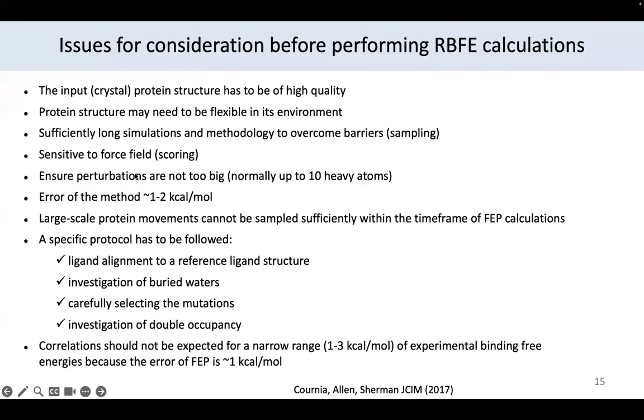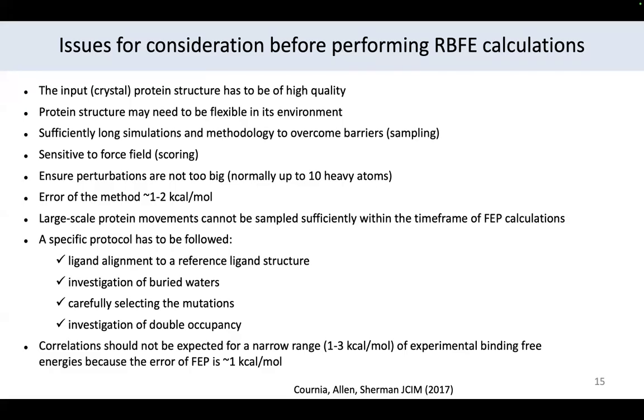We have to ensure that the perturbations are not too big, so normally up to 10 heavy atoms, because if you want to sample the two ligands that are analogs, if you make very huge changes in the substituents, then you are not going to achieve efficient sampling in order to overlap the two end states.